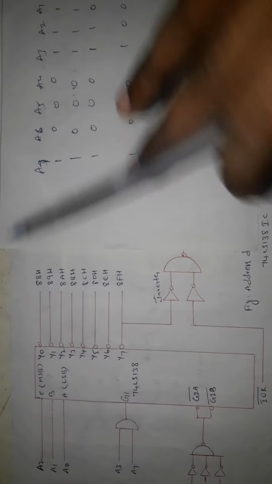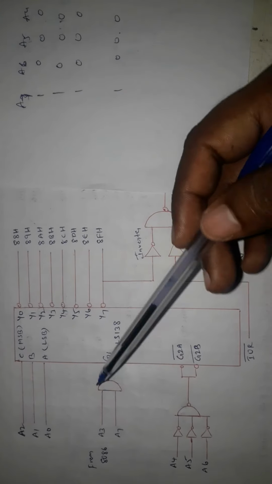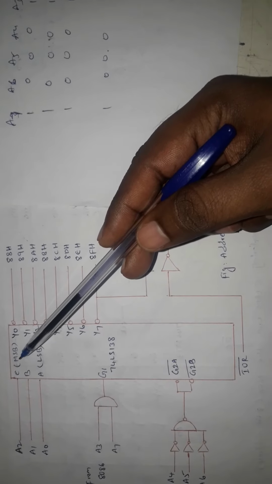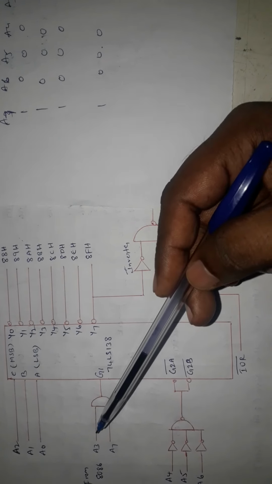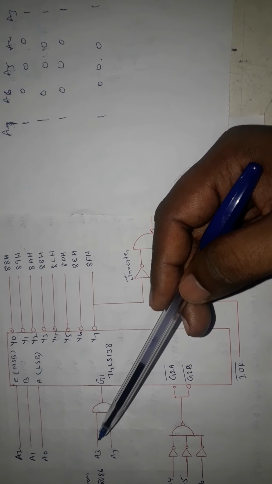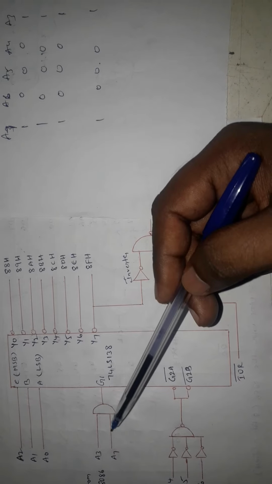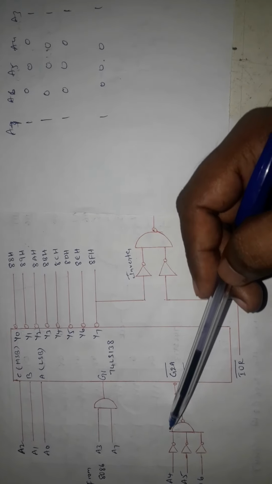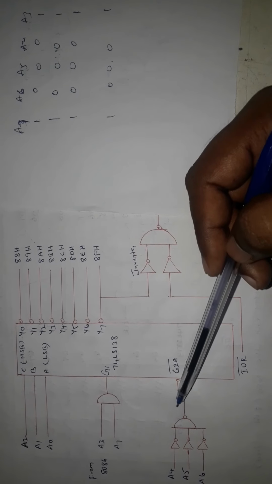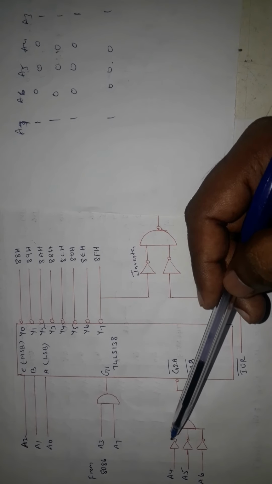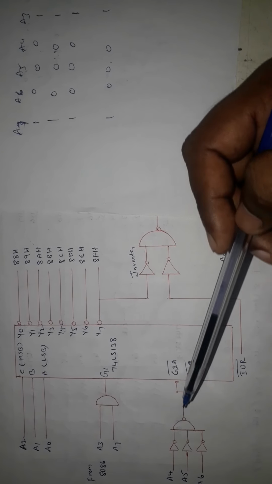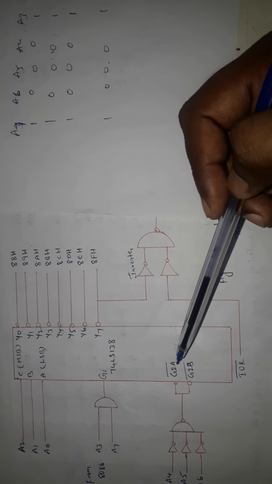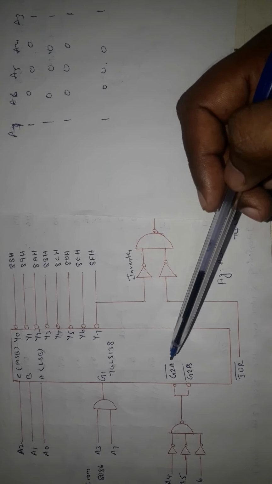All the address bits are connected here. A0, A1, A2 are the inputs of the decoder, and A3, A7 are connected to the G1 pin through the AND gate, and A4, A5, A6 are connected to the NAND gate through the inverter, and then to the enable pins G2A bar and G2B bar.